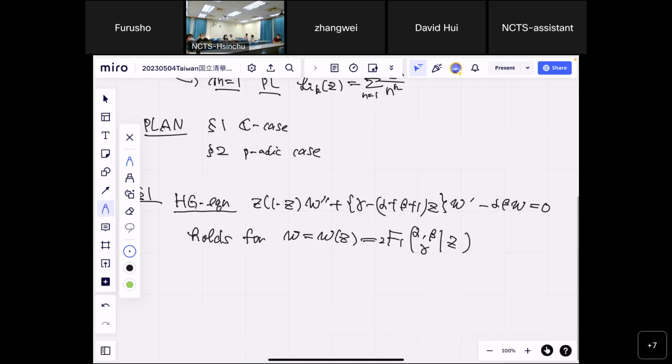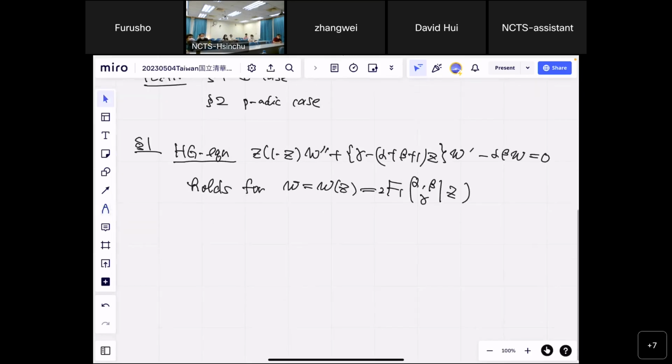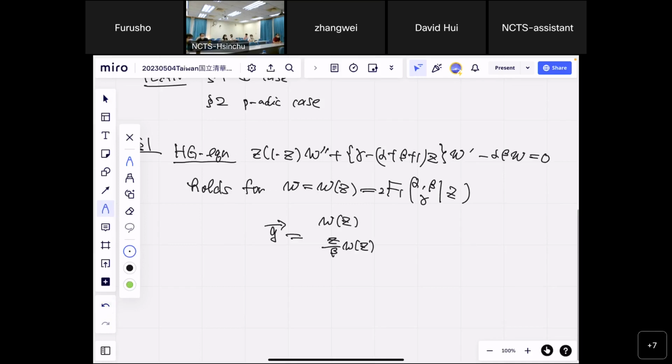There's a very nice reformulation of this differential equation. Let's consider a two-dimensional vector, with the second component as defined here. Then you can change this differential equation this way.